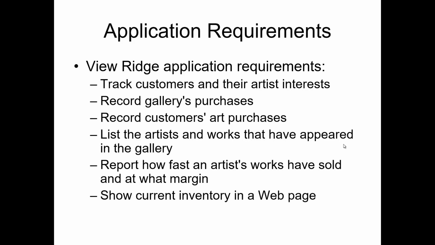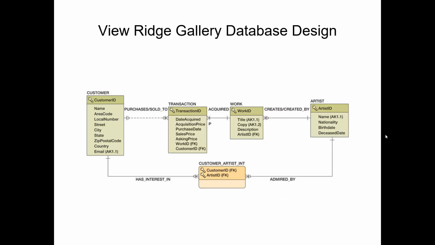They need to record customers' art purchases. List the artists and works that have appeared in the gallery. Report how fast an artist's works have sold and at what margin. Show current inventory in a web page.